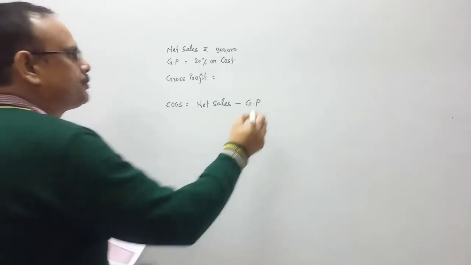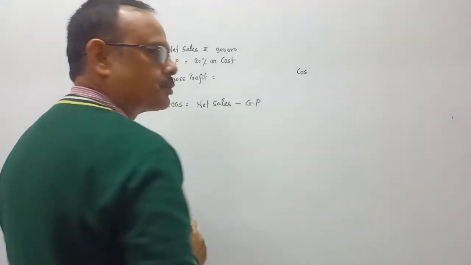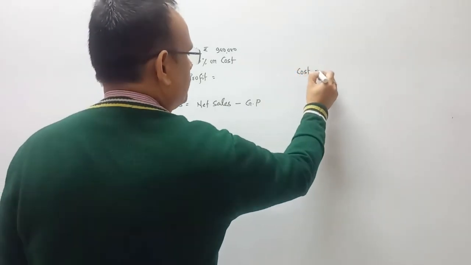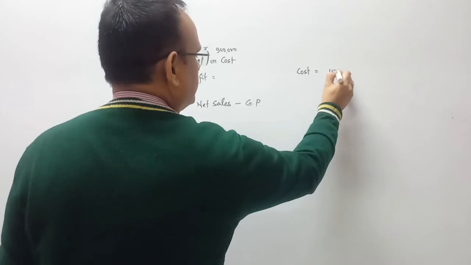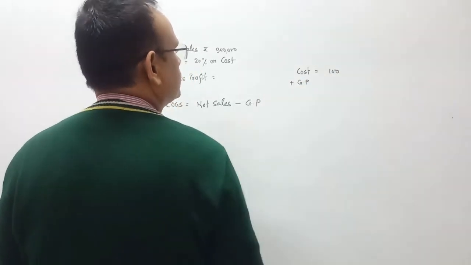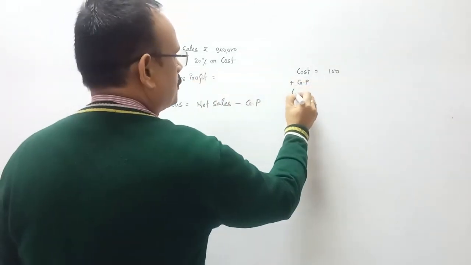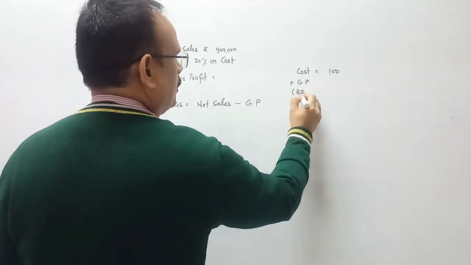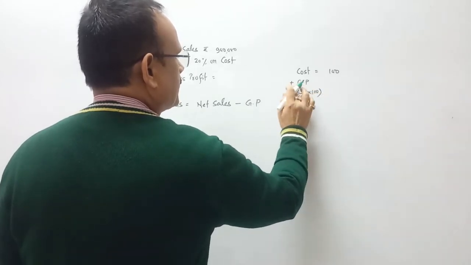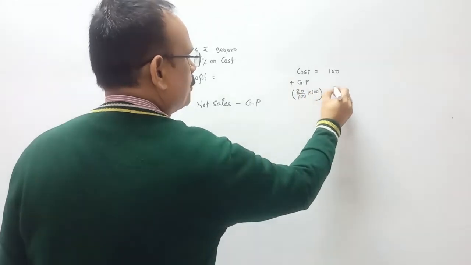So let's assume cost, meaning cost of goods sold, is 100. Then GP is 20% on cost, and cost is 100, so gross profit is 20 rupees.